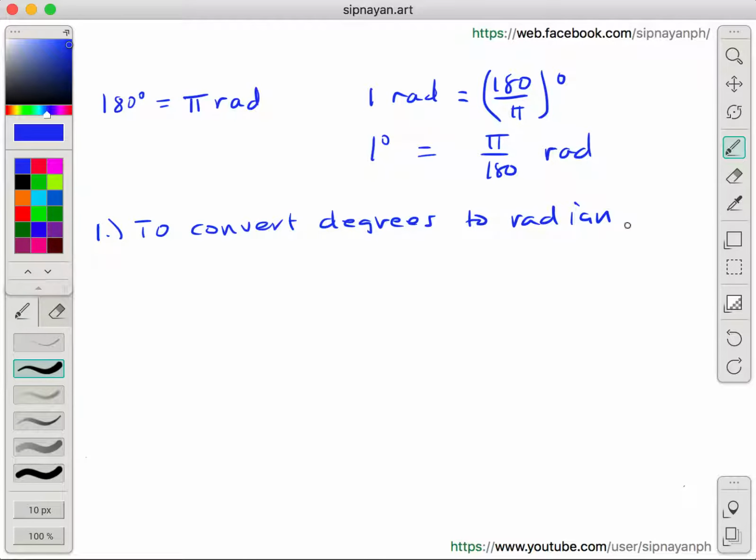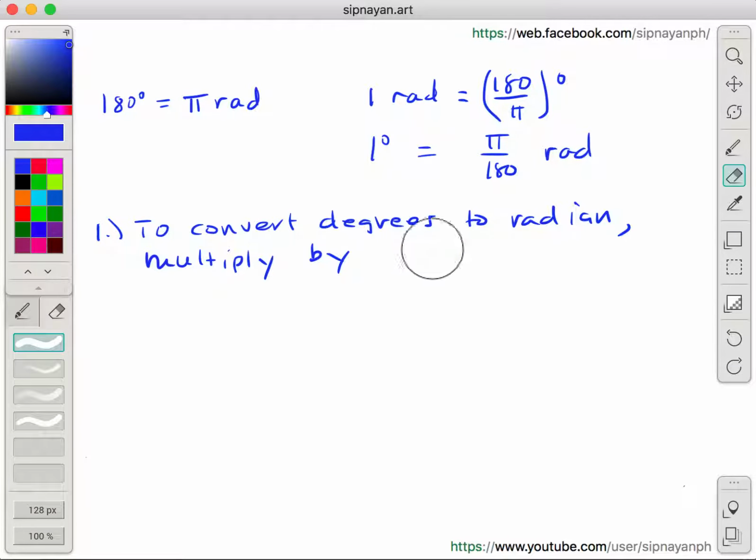Diba? So, multiply by pi over 180. This is pi over 180.